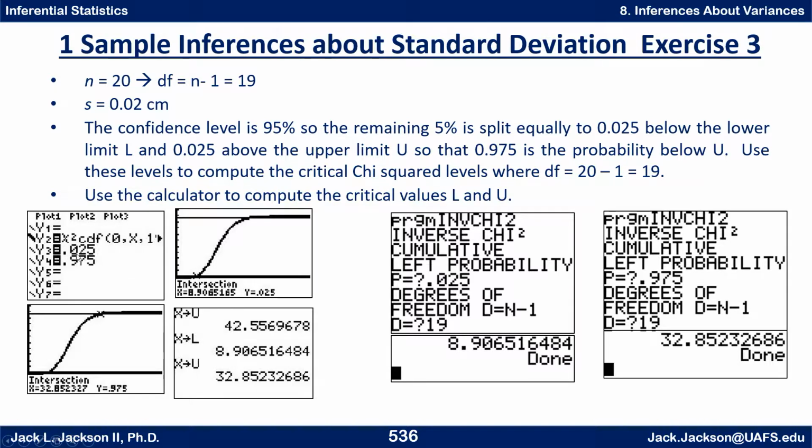We could graph the chi-square CDF and graph those two horizontal lines, calculate the intersections, and as we find them, say this one here, we do it first, calculate that intersection. As soon as we're done, that will be X at the moment. So go to the home screen, say quit, X stores U, and then we can calculate the lower one.